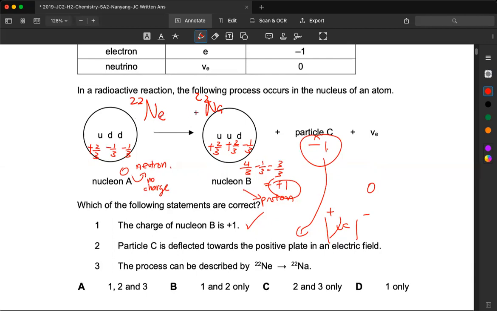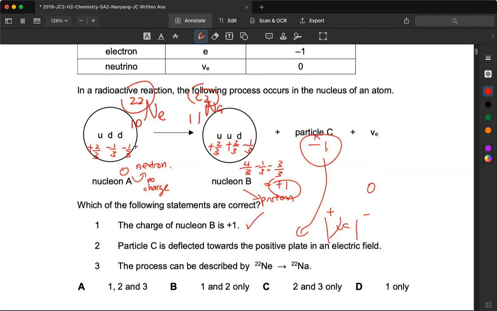From neon to sodium, you see the neutron becomes a proton, but the mass number is still 22. This means that the proton number increased by 1. So it is true, since sodium is above neon by 1. Neon is 10, this is 11.